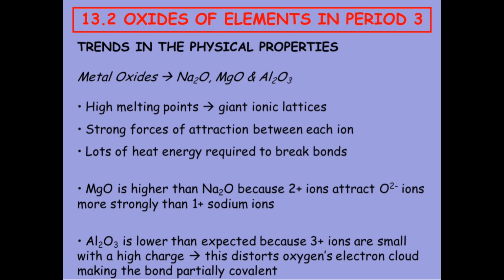The group 2 oxides, mainly magnesium and calcium oxide, are higher than group 1 oxides, potassium and sodium oxide, because 2+ ions attract O2- ions more strongly than 1+ ions. Aluminum oxide is lower than expected because 3+ ions are small with a higher charge. So this will distort the oxygen electron cloud, making the bond partially covalent.